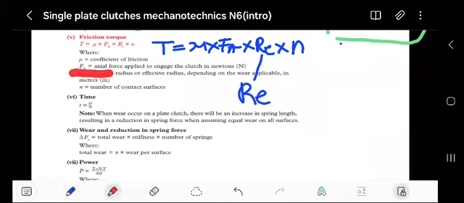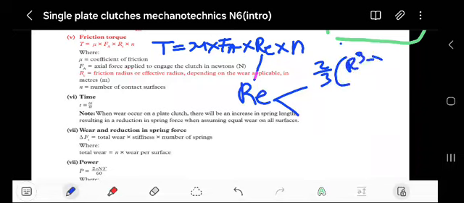This R_e, the effective radius, depends on the wear, whether the wear is applicable, depending on the theory which you are applying. Remember, if you are given uniform pressure theory, it will be 2 over 3 into (R cubed minus r cubed) over (R squared minus r squared).